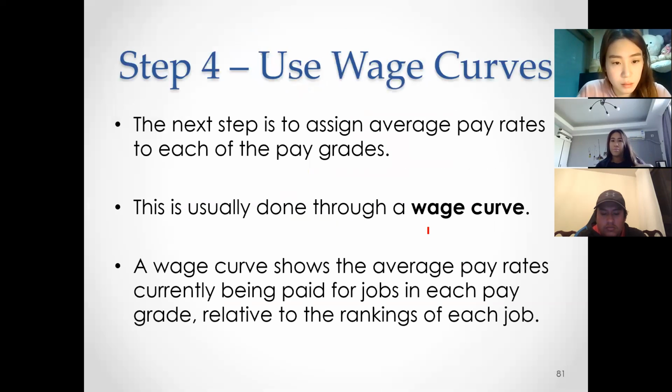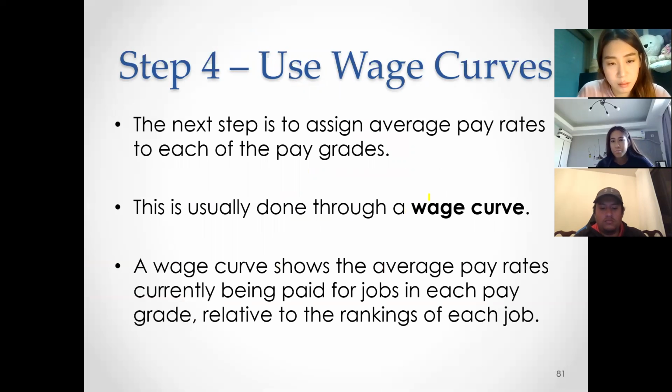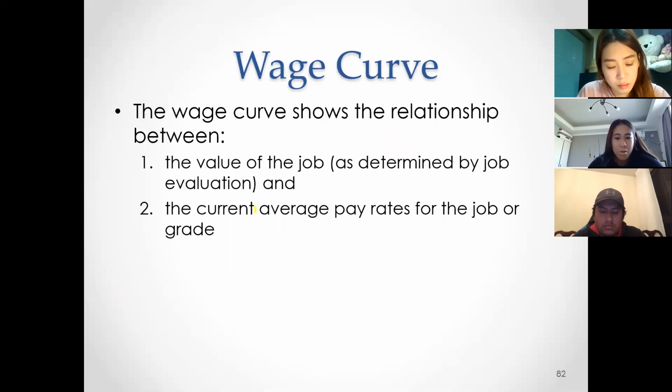Okay, so these are called wage curves, going back to this. They show the average pay rate. It shows the relationship between the value of the job and the average pay for the job at this grade.